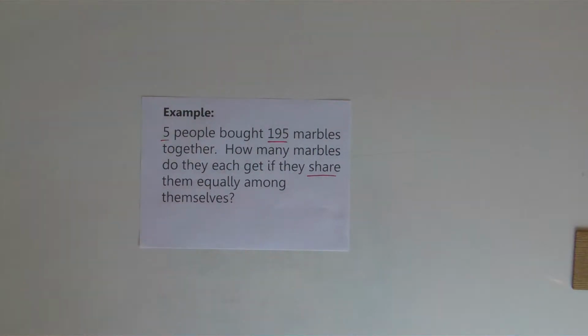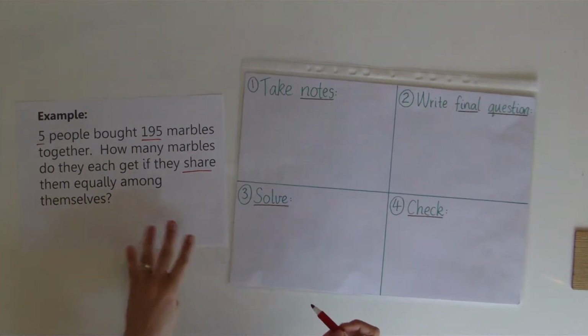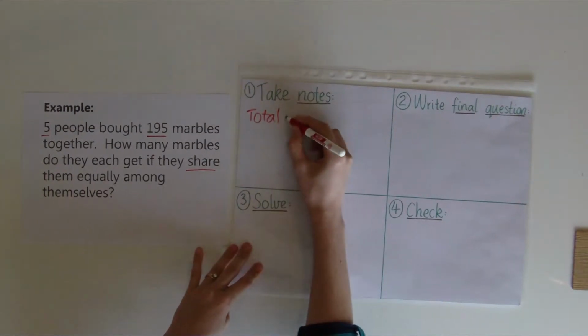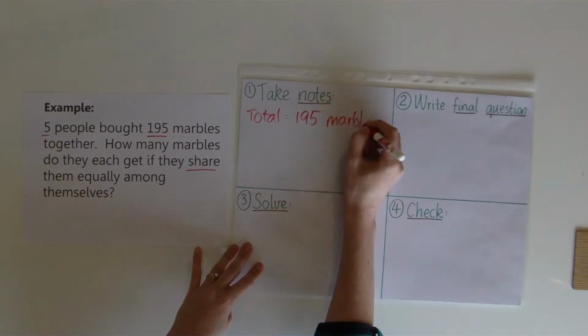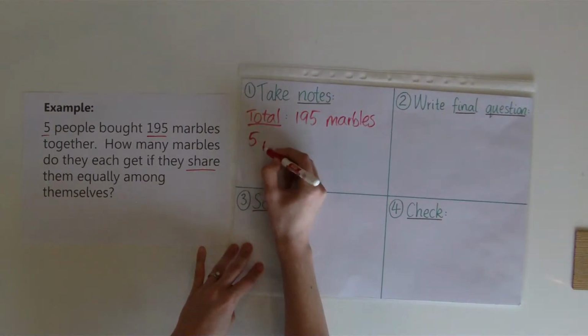So I'm just going to use that problem solving table. Just taking some notes down, there was a total of 195 marbles, and there were 5 people.